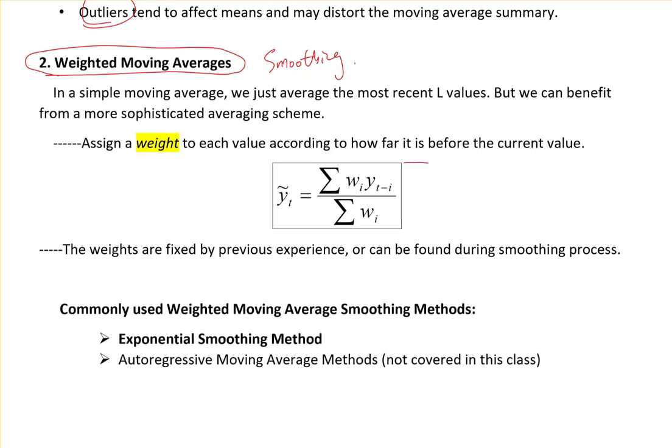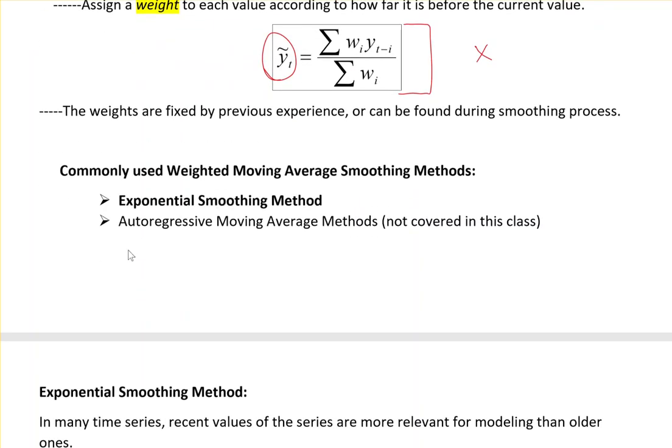So this is the general formula for getting the estimated value at time t. All right, you don't need to remember this formula because this is just a general formula for all kinds of weighted moving average methods. But in this class, we only focus on the easiest one, which we call the exponential smoothing method.